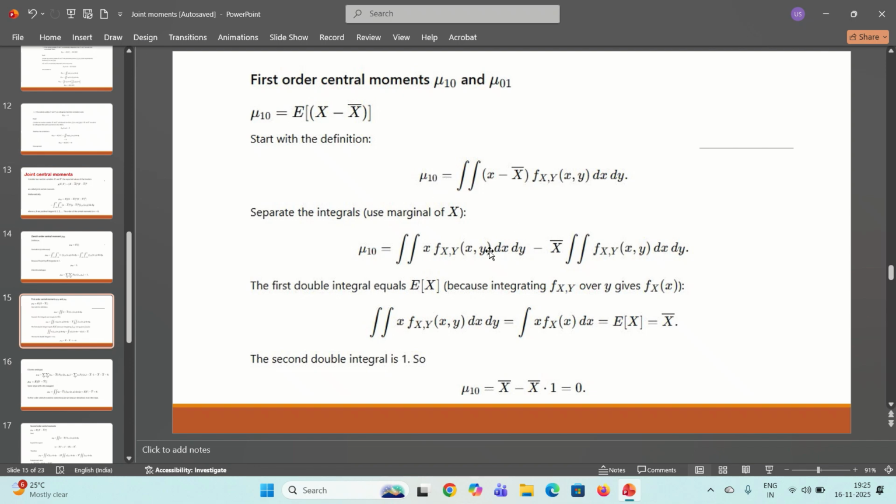We separate the integral. Mu 1 0 equals the double integral of x f x comma y of x comma y dx dy minus x bar times the double integral of f x comma y of x comma y dx dy.